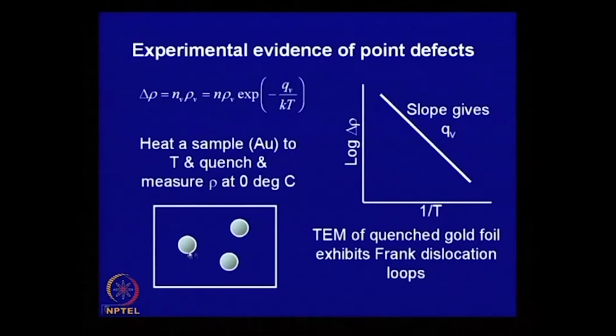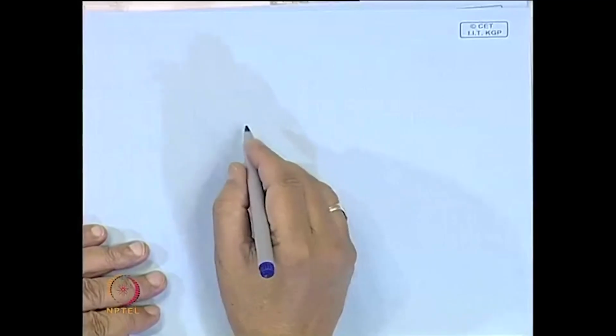There are rings here which are actually stacking faults, and we may recall that this is the type of dislocation that you get here within the plane.